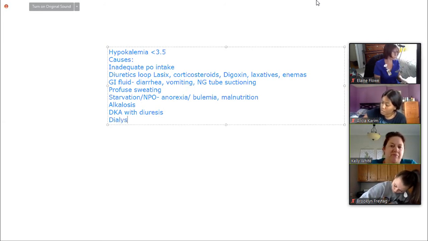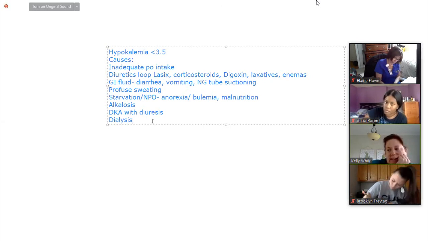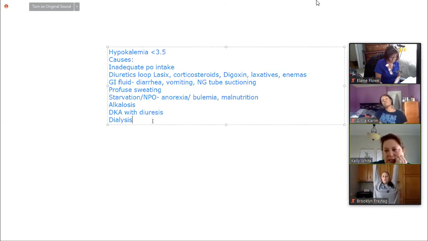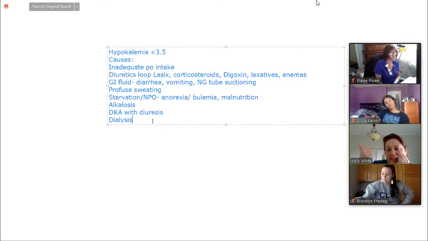Dialysis. When you have a patient that's needing dialysis, their kidneys are not functioning properly. So if they're not able to urinate, their potassium levels are going to be up because they're not peeing that potassium out. So they have to get dialyzed.